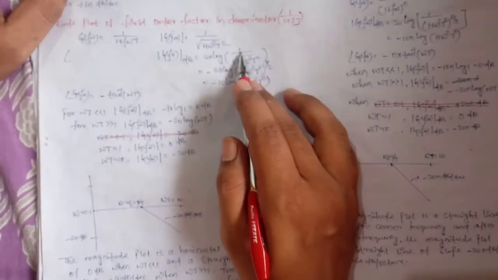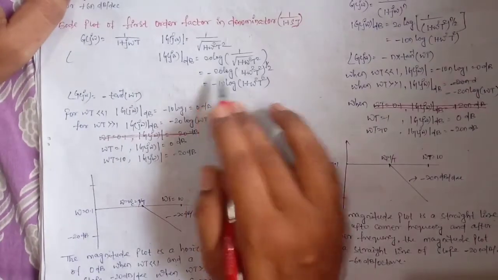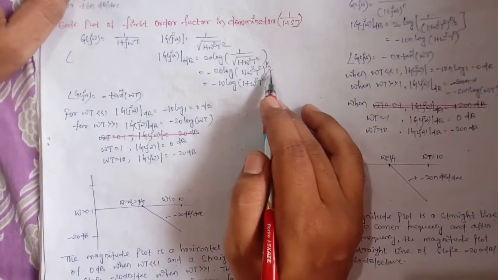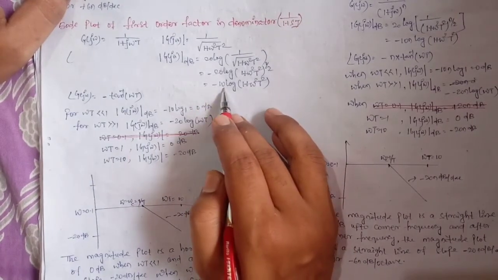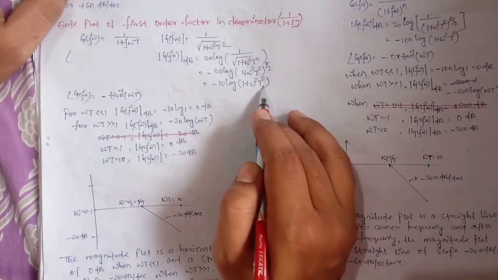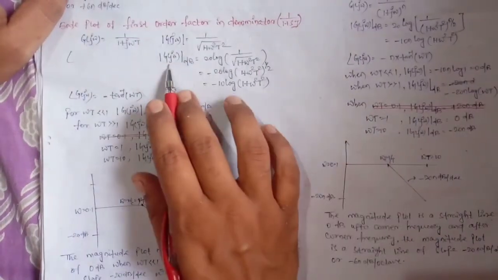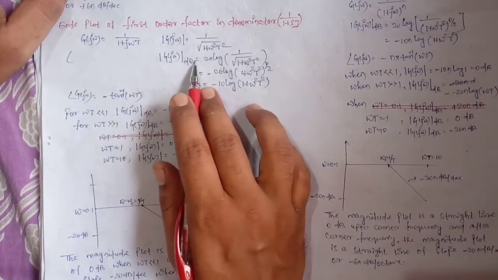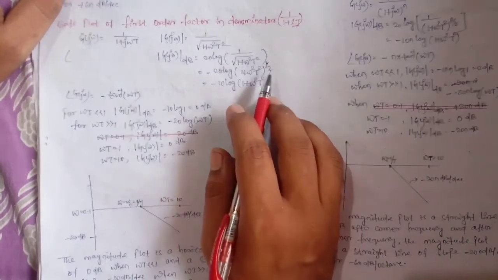When we move it to numerator, it will be -1. The -1 will be multiplied with the power half, then 20 with half, that is -10 log 1 plus omega square t square. This is simple arithmetic. So my magnitude in dB will come as -10 log 1 plus omega square t square.